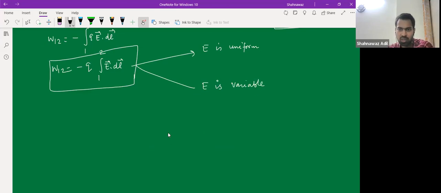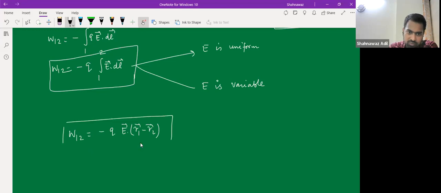If E is uniform, then this work done would be simply minus of Q E dot, R1 minus R2.